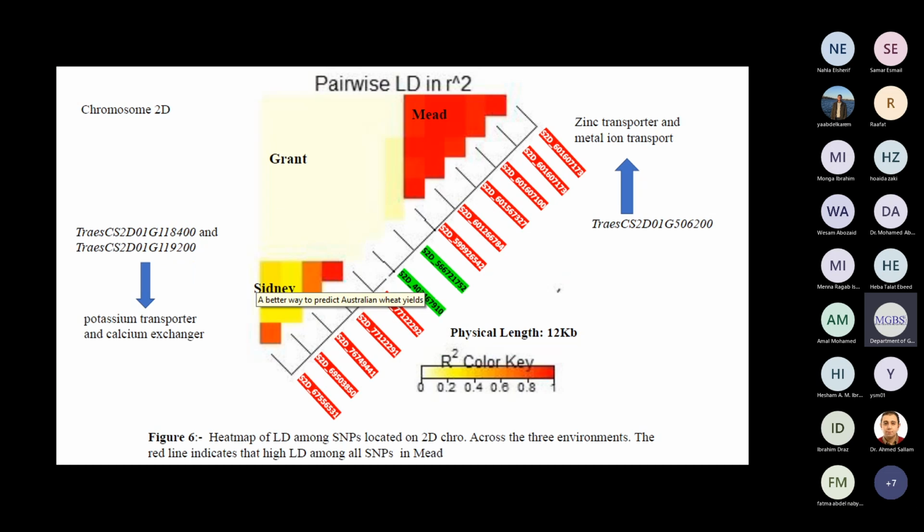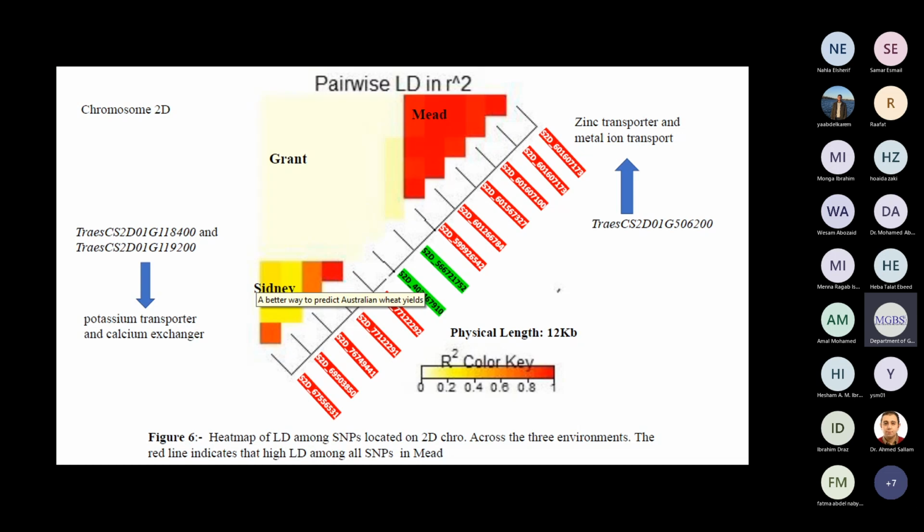And this is the LD. The redder the color, the more significant or higher the LD. So this group of markers has high LD, which means they are co-inherited together from generation to generation.